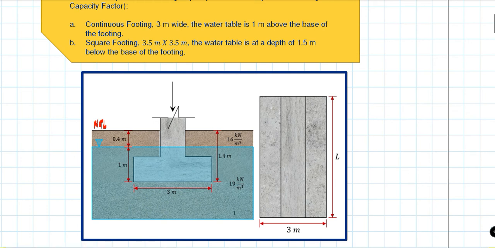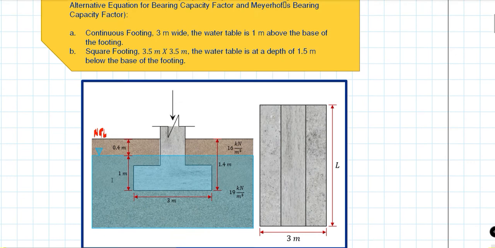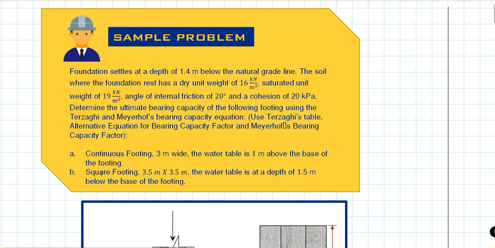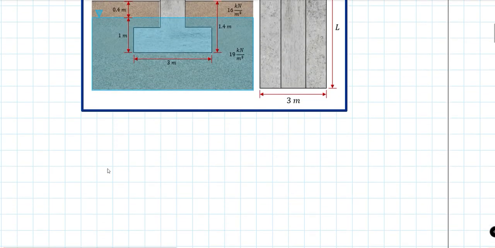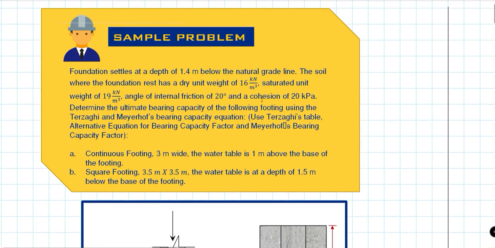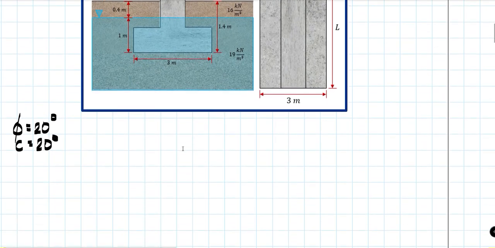So, yung given natin is, sabi dito, we have an angle of internal friction of 20. So, we have a phi which is equal to 20 degrees. Then, you have a cohesion equal to 20 as well. So, ayan siya, 20. Then, we will be needing the equation for the ultimate bearing capacity on Terzaghi.